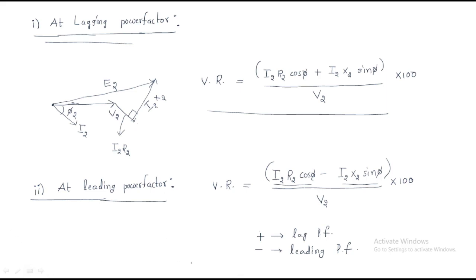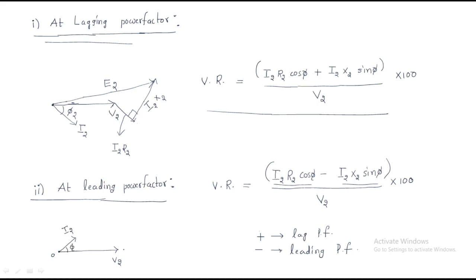The leading power factor phasor diagram can be written in a simple way; it is better to write it here, then we will understand the difference. So we have V2 here, and it has some current I2 leading in phase. This is the I2.